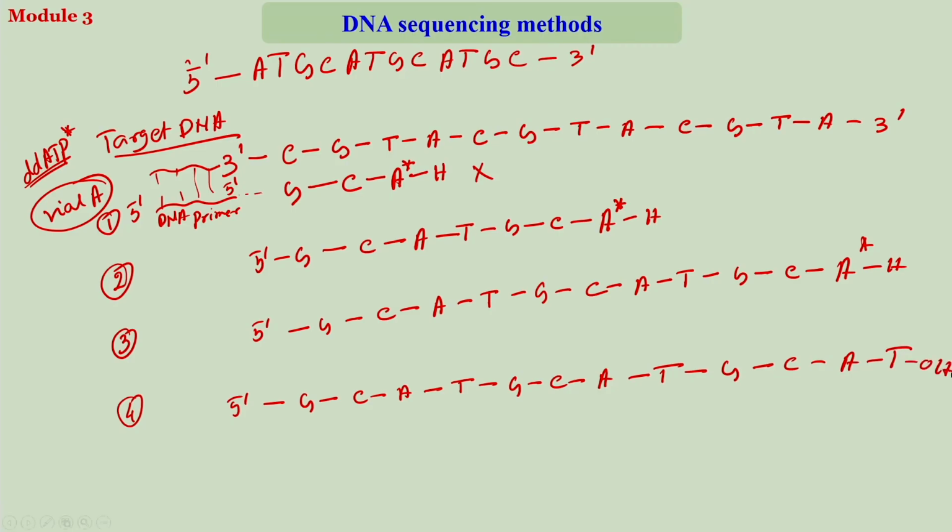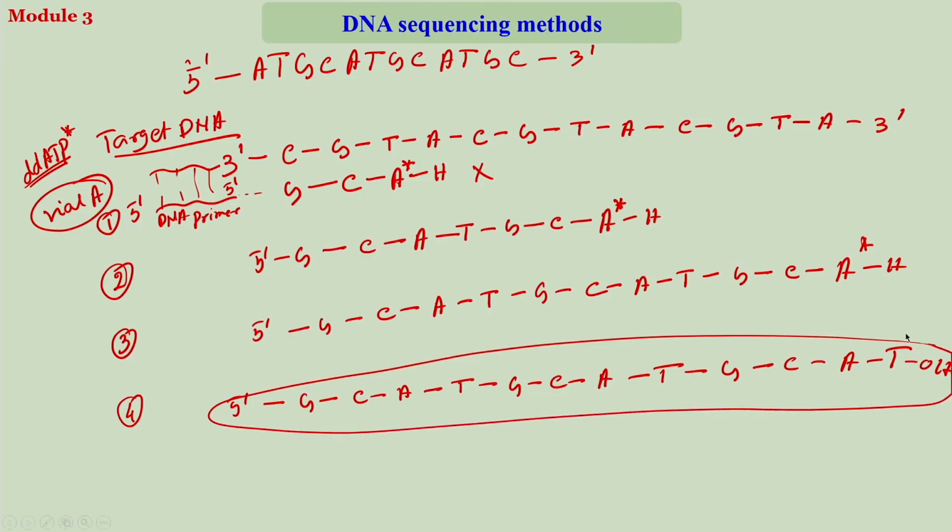Hydroxyl. But this molecule does not have any label here. So, you will not see this and it will not interfere into your data because there is no tracking here. So, it does not give you any signal even if it is present. So, ideally with radioactive labels you get 3 different fragments, one this, one this, one this.